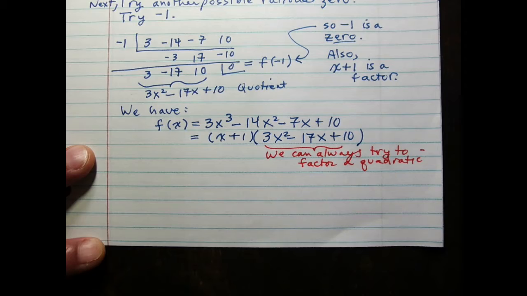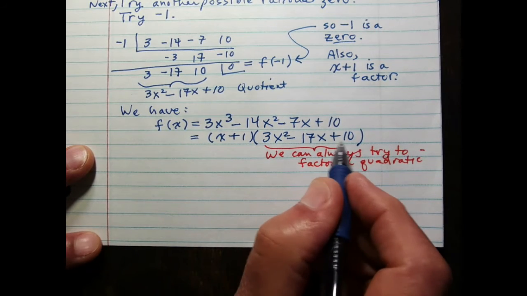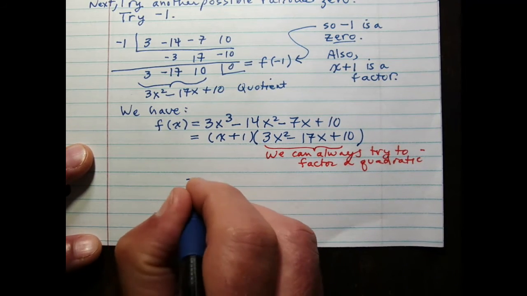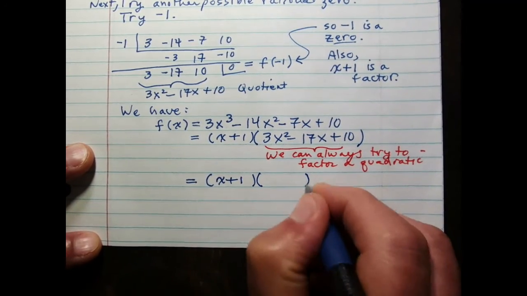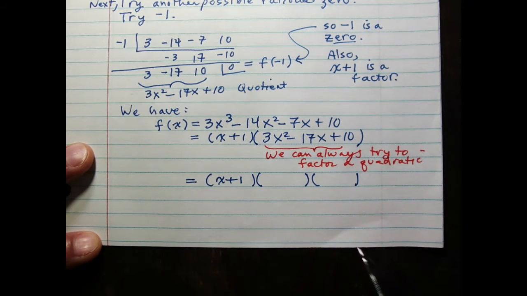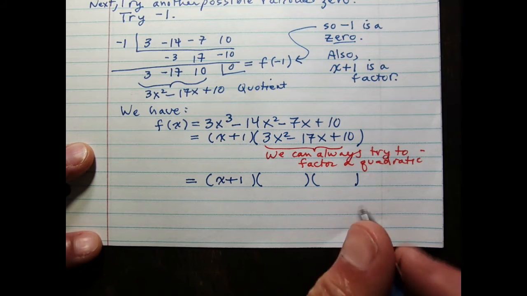So I don't have to go through the whole synthetic division process to break down this 3x squared minus 17x plus 10. I mean, I might not have to. Let's see if just using good old-fashioned factoring techniques we can break this down further. Because if we can, then we'll be able to see what the remaining zeros are without having to go back to our long list.